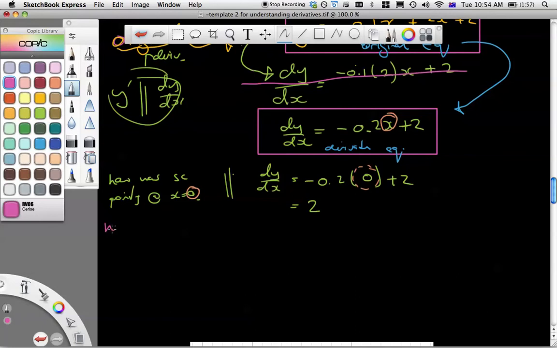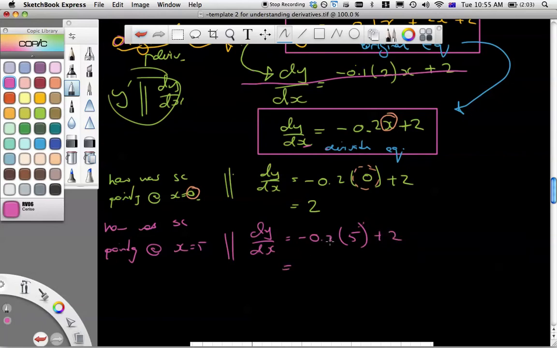So how was the spaceship pointing at x equals 5? Again, dy over dx equals negative 0.2x plus 2. This time, instead of putting our 0 in where the x was, we put our 5 in where the x was. Negative 0.2 times 5 plus 2. And so negative 0.2 times 5, well, what's that? 0.2 is 1/5.